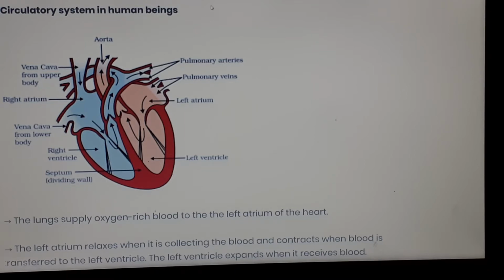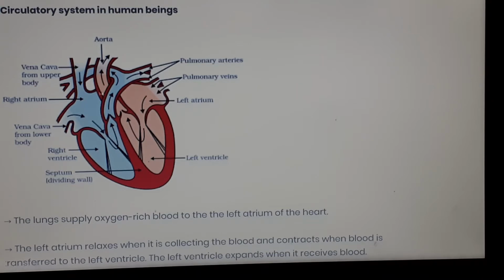In other organisms, amphibians and reptiles, it has 3 chambers, that is 3 rooms in it. Whereas in human beings, that is mammals, we have 4 chambers. See here how it works, we are going to study now.